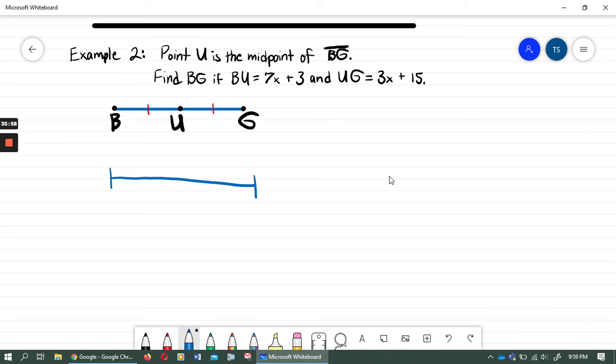If BU equals 7x plus 3, and UG is 3x plus 15.